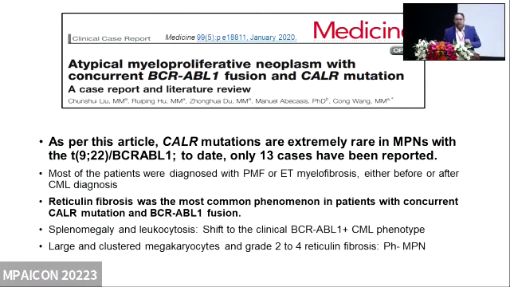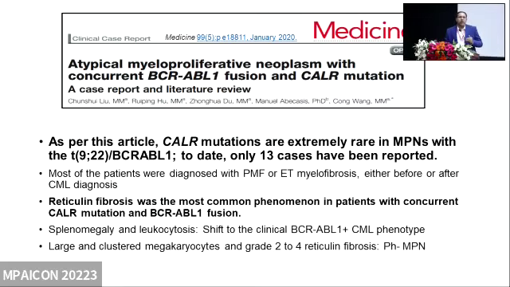A very recent 2020 article mentions atypical myeloproliferative neoplasm with concurrent BCR-ABL and CALR, wherein the authors documented 13 cases which presented like PMF or ET with CALR and a concurrent BCR-ABL.